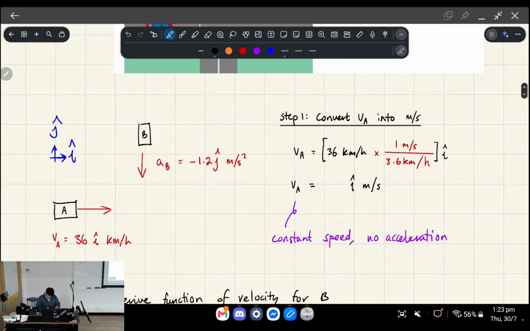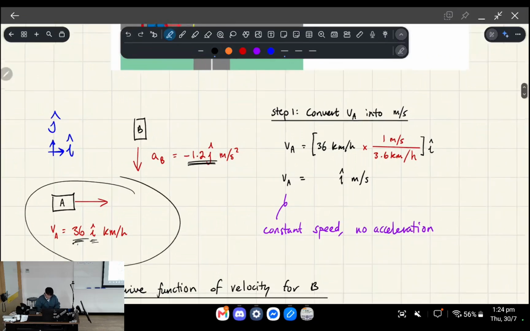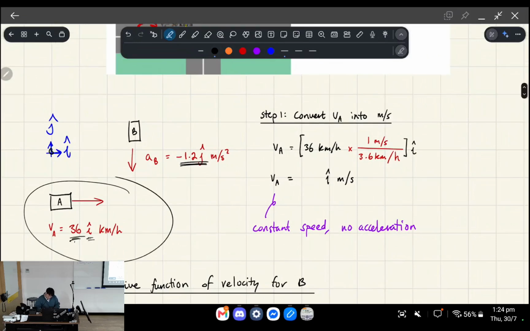Basically, if we think of it in terms of these unit vectors i and j, this is saying that car A is moving 36 of these directional vectors of a single unit to the right, but it's in kilometers per hour right now. Whereas car B is accelerating at negative 1.2 j. Negative because it's pointed down, so opposite of the positive direction convention.